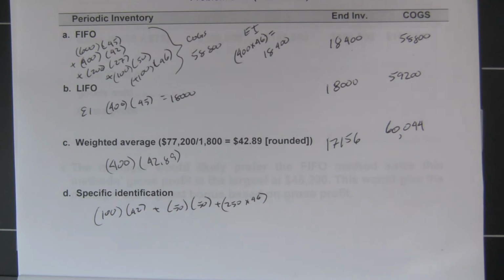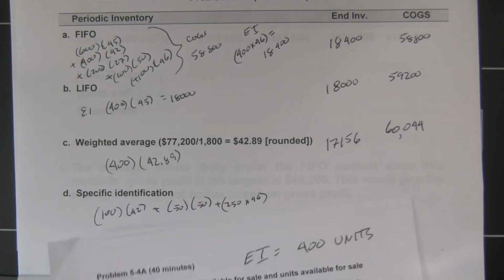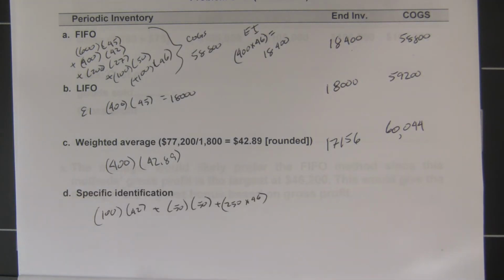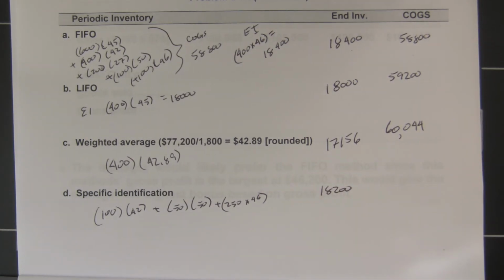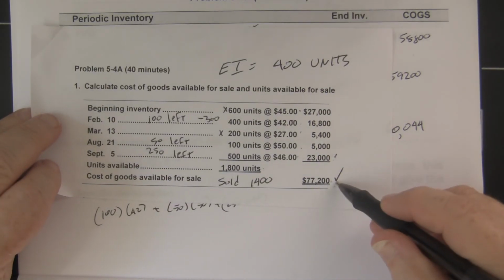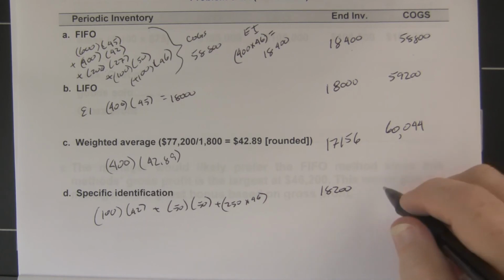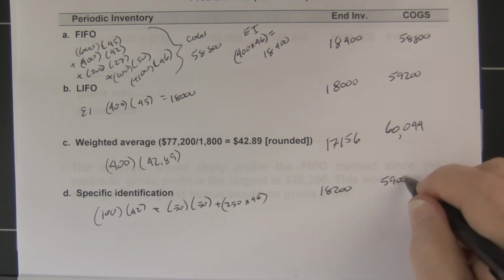Notice I couldn't get through the whole thing without screwing up the way I recorded the numbers. So that's my ending inventory. You could have just as easily gone through and done the other way, but again, you're dealing with bigger numbers. I like dealing with smaller numbers. I'm not that bright. And when you add that all together, that comes to 18,200, and 18,200 from 77,200 leaves us with 59,000.